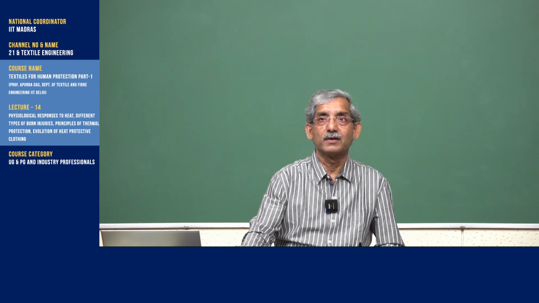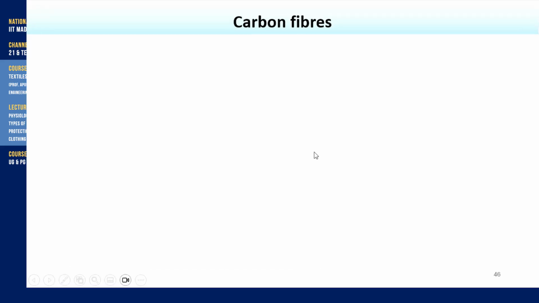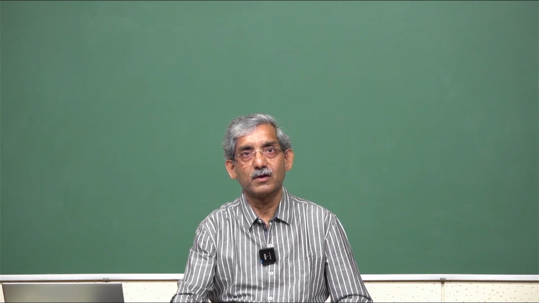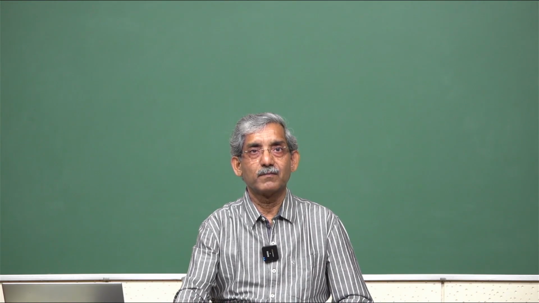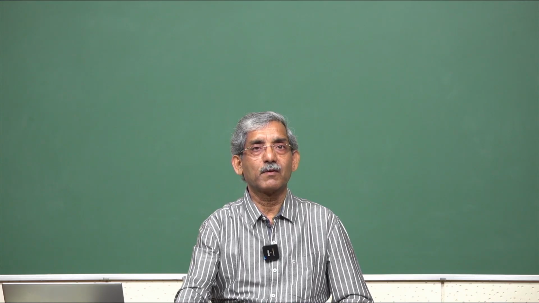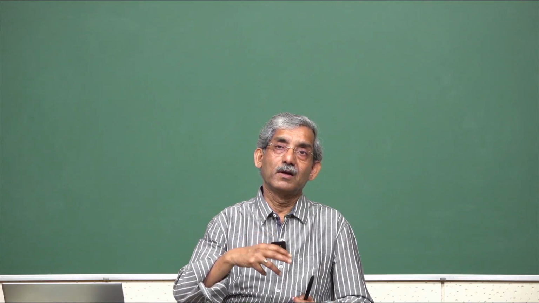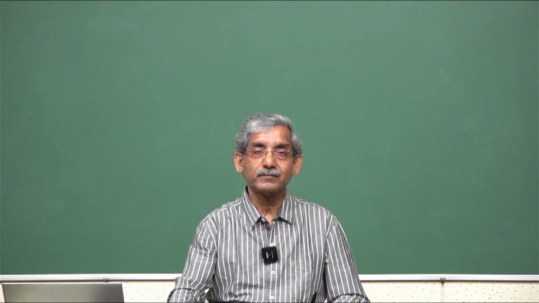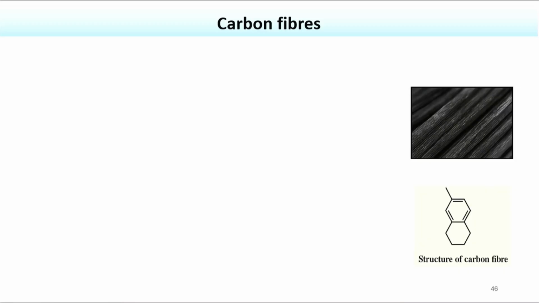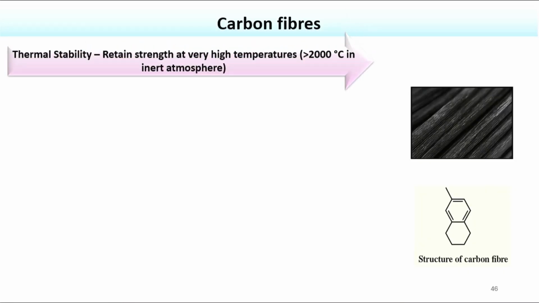And carbon fiber. Carbon fiber we can also use for protective clothing. Along with that, due to its high strength, we can use it in high strength application. In fire protective also, in some places we use the carbon fiber. It is thermally stable, retains strength at very high temperature, more than 2000 degree Celsius in inert atmosphere.